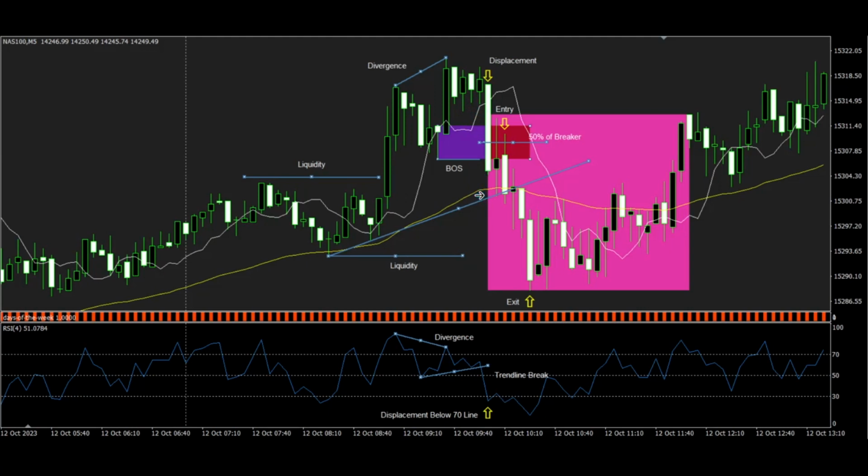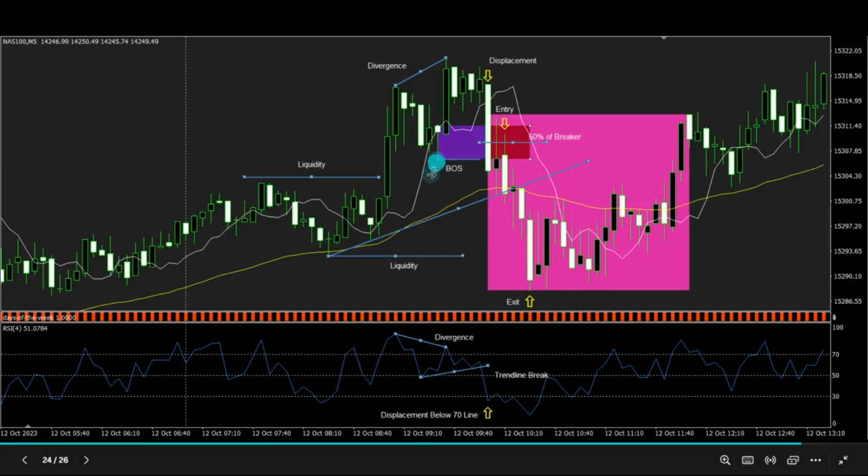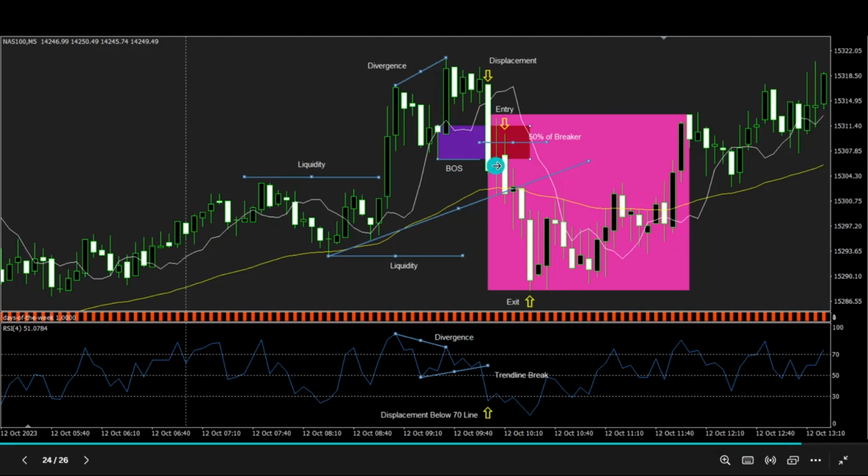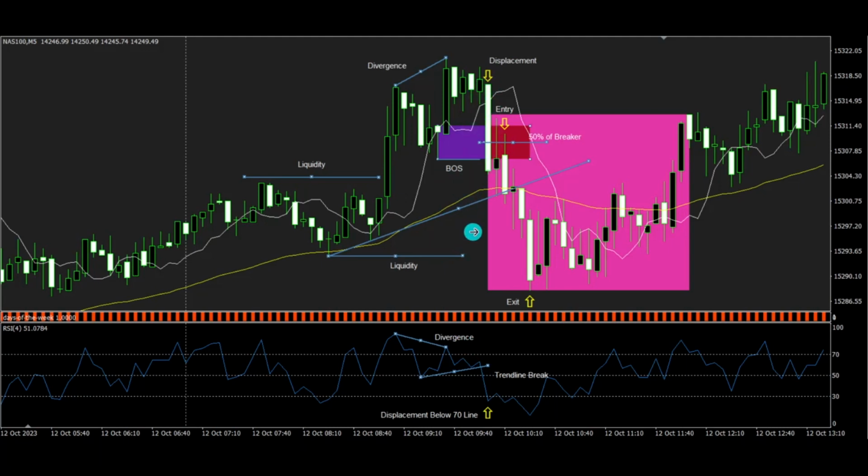That does not break a trend line in the price, but it does on the RSI. That could be considered your true displacement, but also one of your entries because price crossed the 4-period EMA.